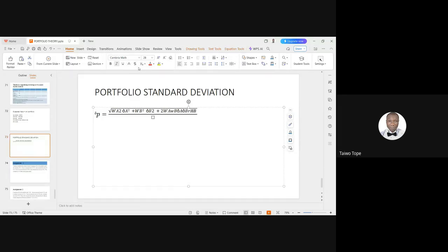You've been given the value of RAB, isn't it, class? You are given the value already, that when the correlation coefficient is +1.